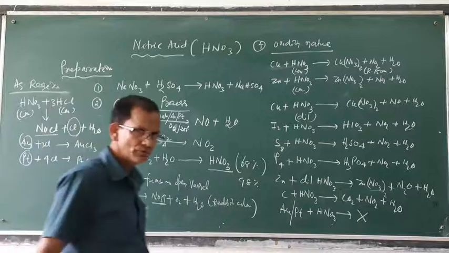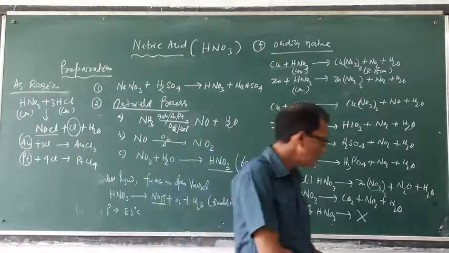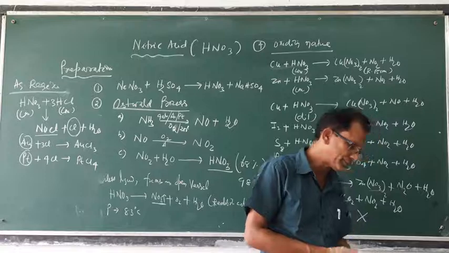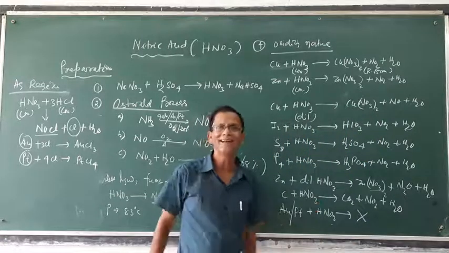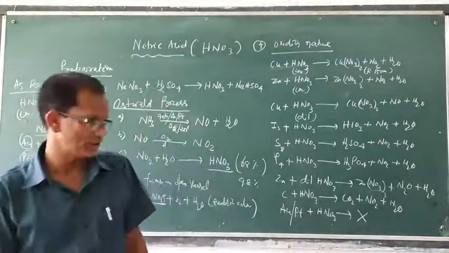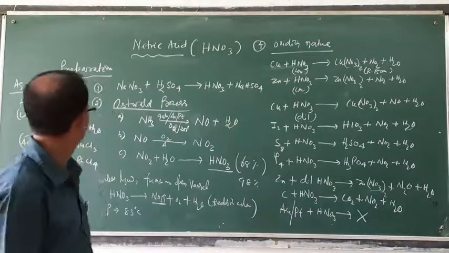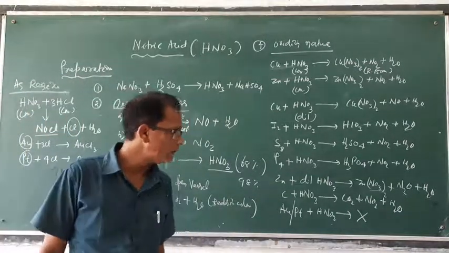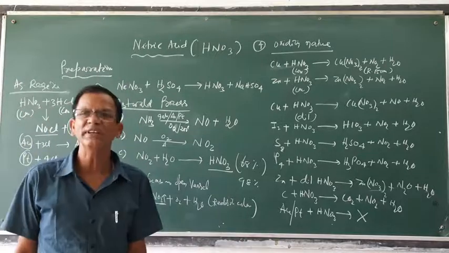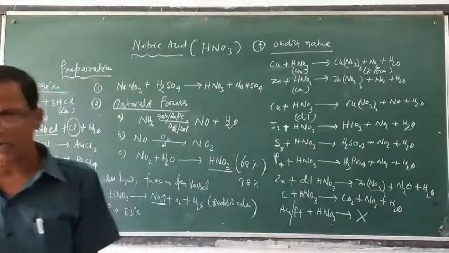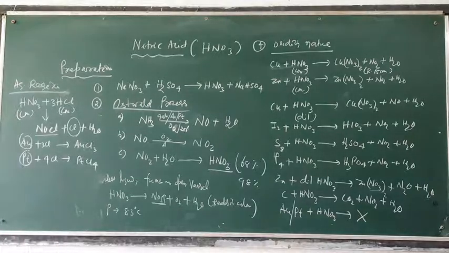Now let us discuss some reactions, activities, of how nitric acid reacts with copper metal and how nitric acid can be chemically tested. We will discuss by using some activity.